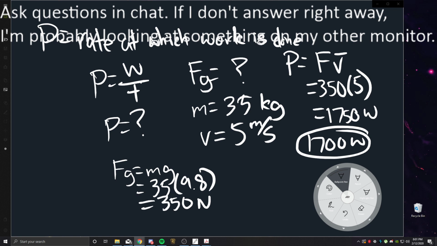Kinetic energy is derived from Newton's second law. A lot of things are actually derived from Newton's second law. That's kinetic energy. Then you can pretty much work from there and solve and do potential energy.